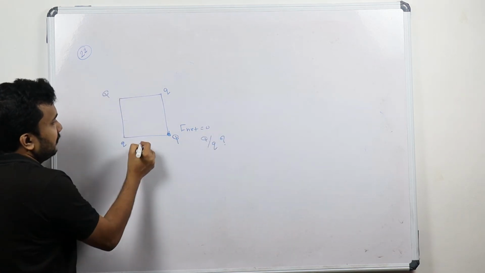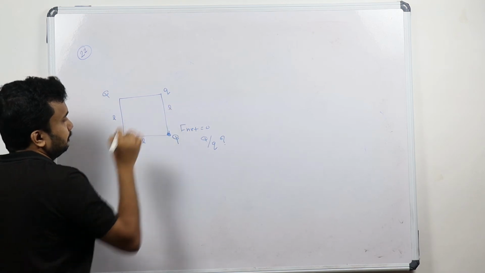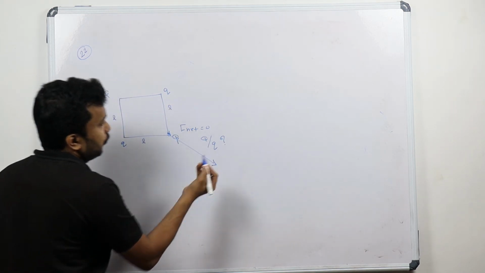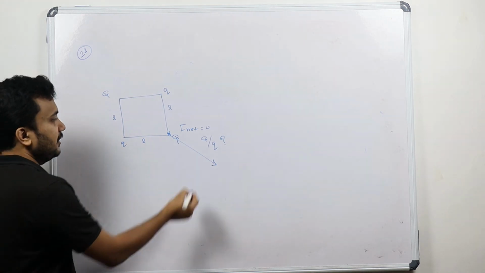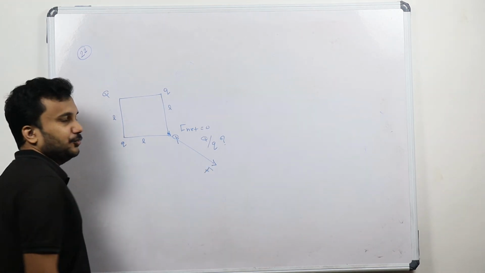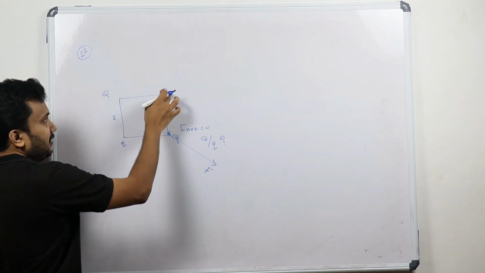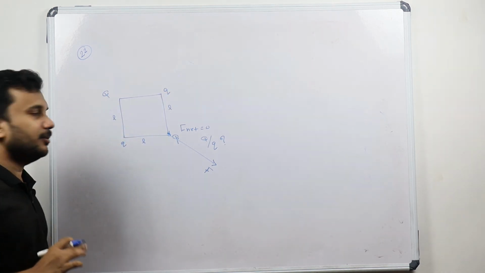Next, we know this length, if I am considering it as L. What is the force? This Q and Q will repel with a force. We'll find this force; this I am giving as F. And suppose small q and this small q are positive quantities, what will happen?